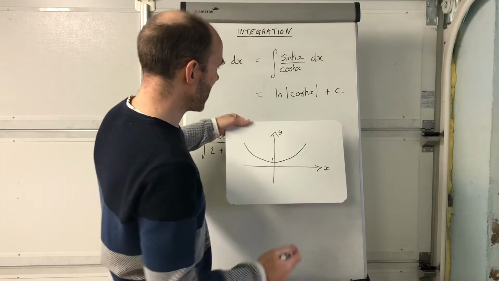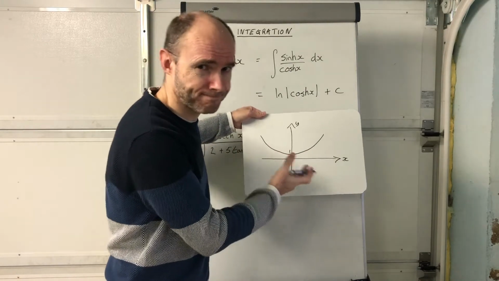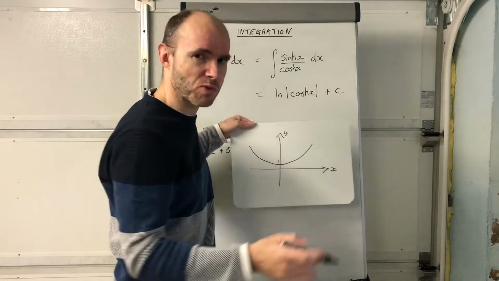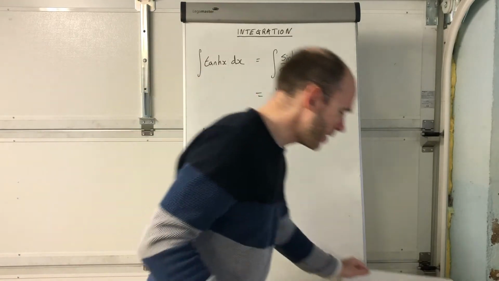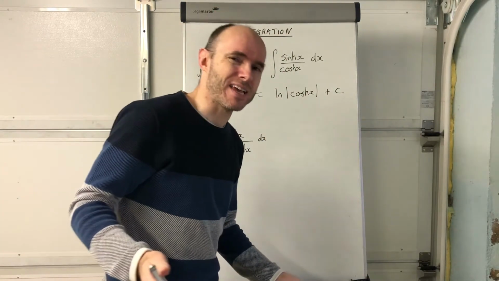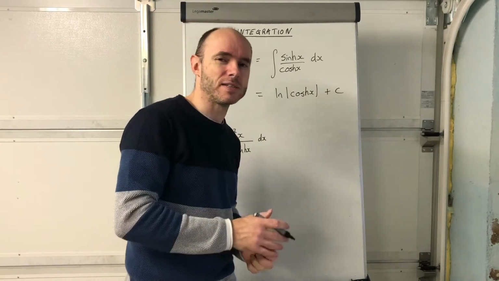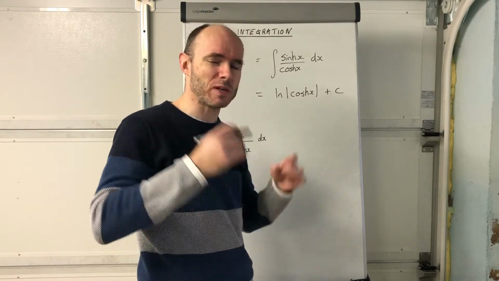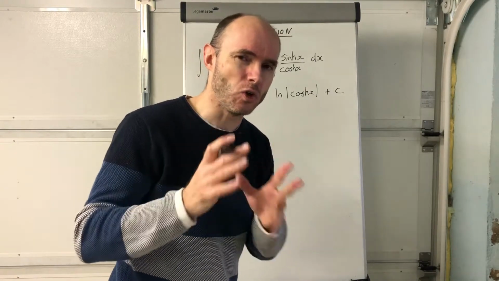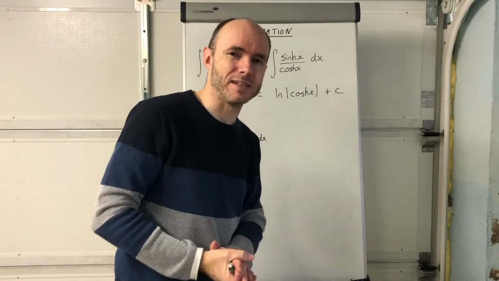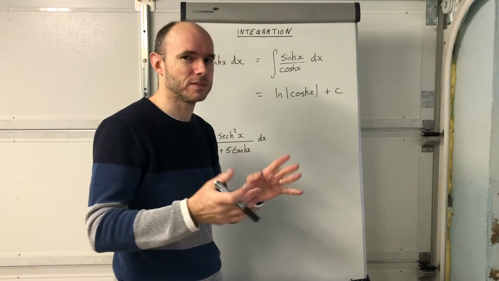Anyway, the point I'll make here is that cos x is always positive, so you don't actually need the modulus brackets really. However, you're not going to get marked down in an exam just by inserting modulus brackets when they're not needed. My advice is, if you're not sure, just put them in. Usually when you're integrating and you've got a natural log, normally you put the modulus brackets in, but just be aware of when you can do without.